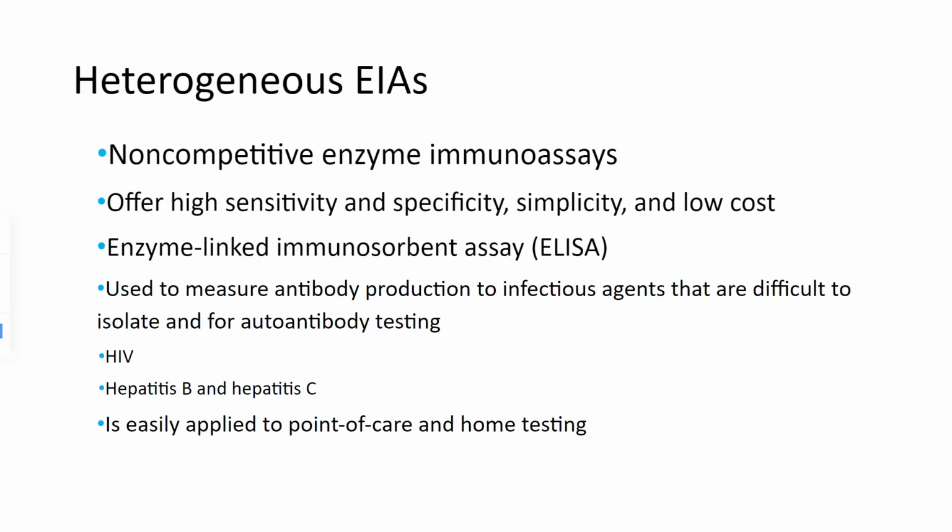Non-competitive immunoassays offer high sensitivity and specificity, simplicity, and low cost. Enzyme-linked immunosorbent assay, or ELISA, is used to measure antibody production to infectious agents that are difficult to isolate, and for autoantibody testing. HIV, hepatitis B and C, and it's easily applied to point-of-care and home testing.